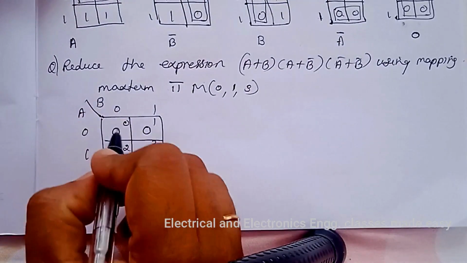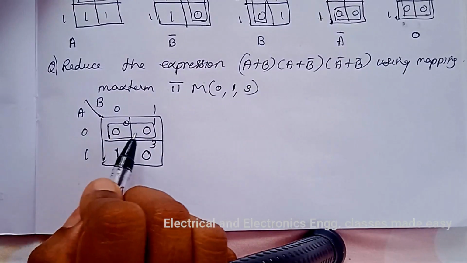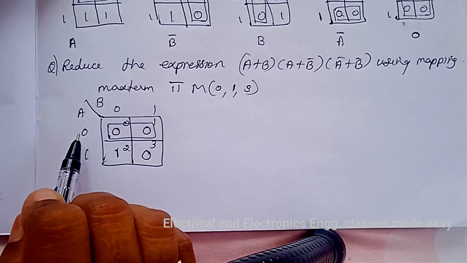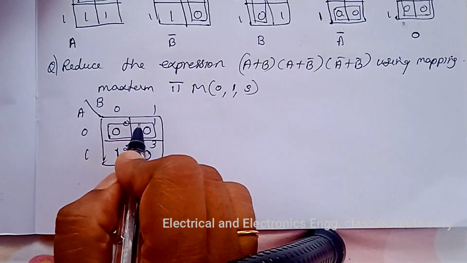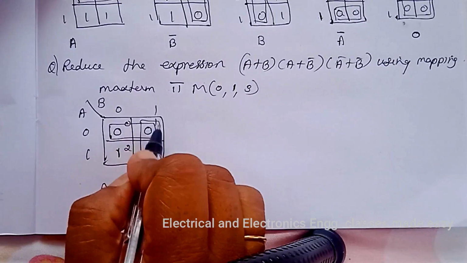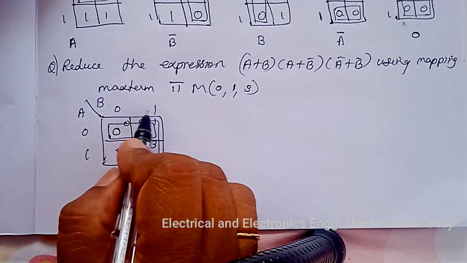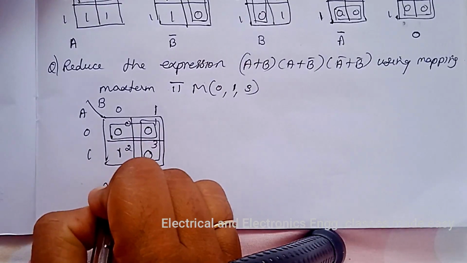So here we can combine these two squares and we get the answer as, the changing variable is b, so we can write a. And also we can combine these two squares. Here the changing variable is a, so we can write 1, that is b bar.